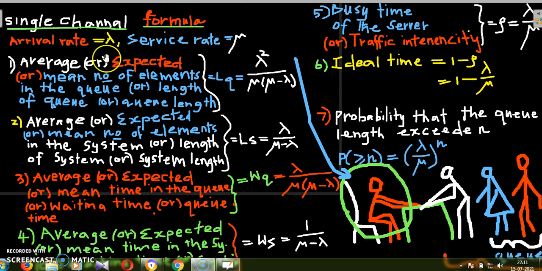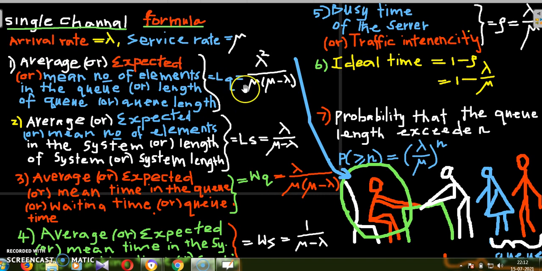Now this is what is called the expected or average or mean number of elements in the queue per unit time. Okay, so what is the expected number, or the average number, or the mean of the elements in the queue per unit time? It is asked in different ways: average, expected, mean, or length of the queue, or queue length. Different names are used. So that is nothing but LQ.